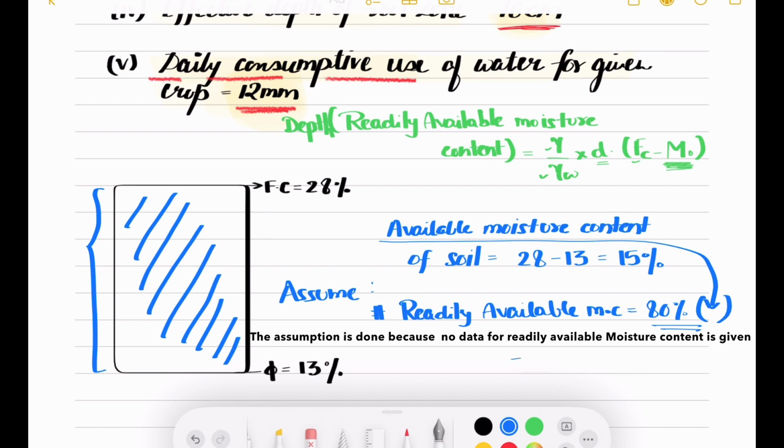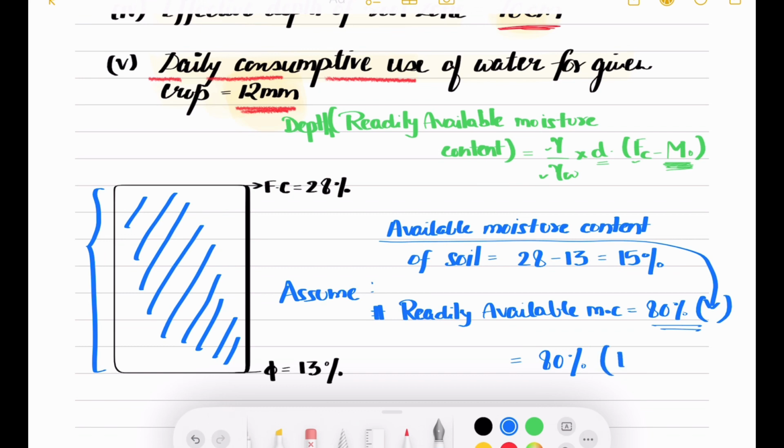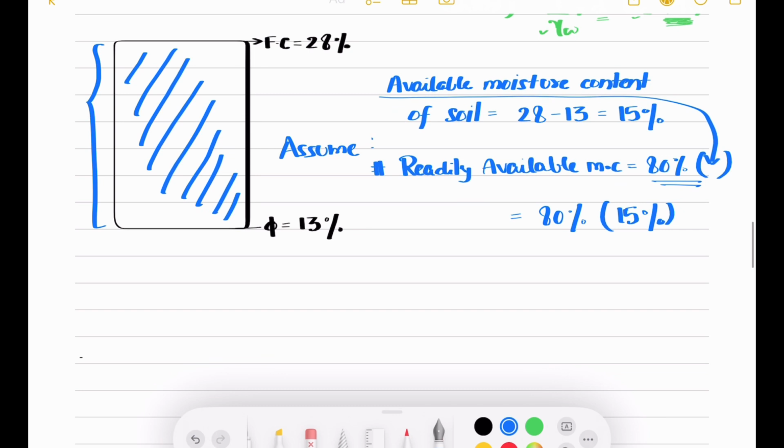So that will be 80% of 15%, that is 0.80 of 15%. So this will be 12%.